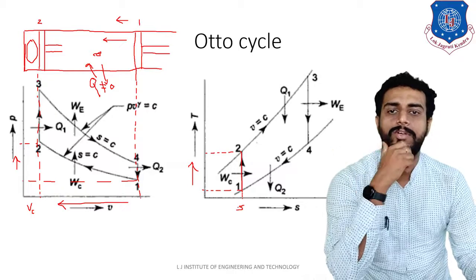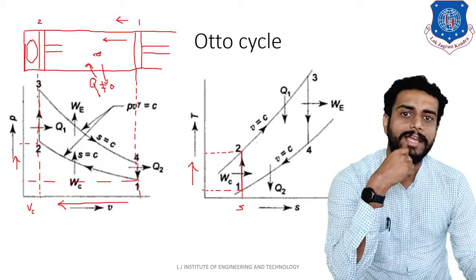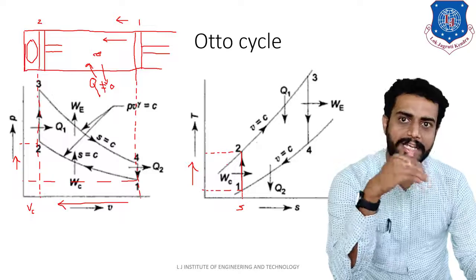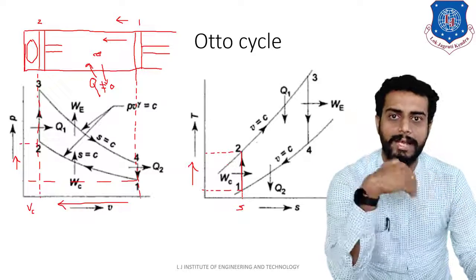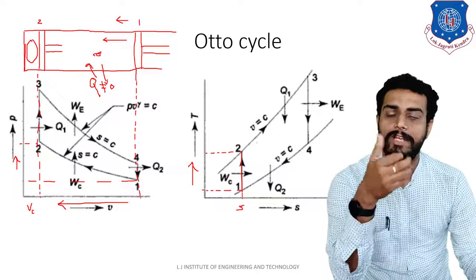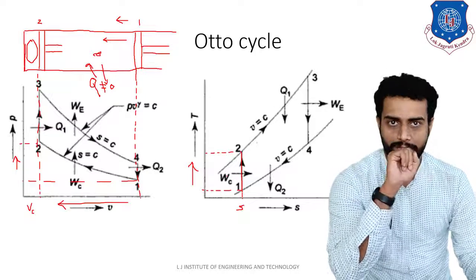So S is equal to constant, and entropy constant means isentropic. So on the TS diagram, temperature versus entropy, the 1 to 2 line is drawn as a vertical straight line. That represents that the entropy will remain constant.